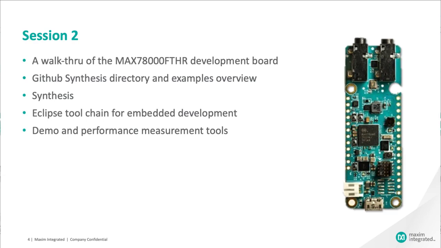Once we've done that step, we'll go into the traditional embedded development tools, the Eclipse toolchain, and we'll show getting those examples, that keyword spotter, up and running. And we'll also talk about performance measurement, measuring energy and measuring latency, which are key aspects that the MAX78000 is trying to address for the AI market. And with that, we'll start with a walkthrough of the Feather board from Sean.